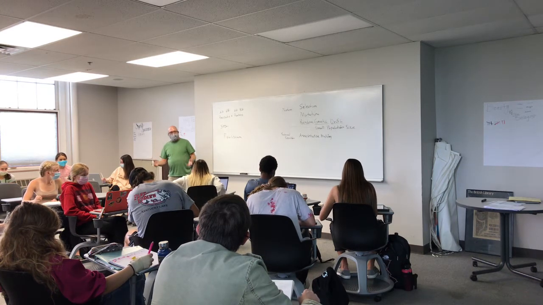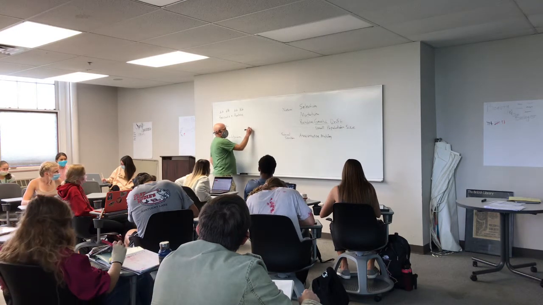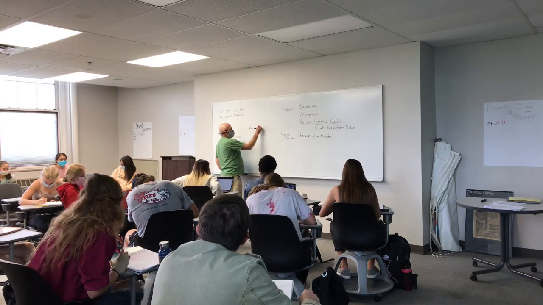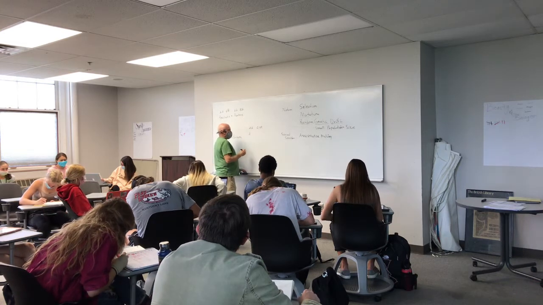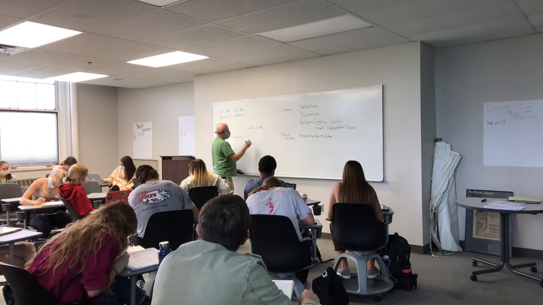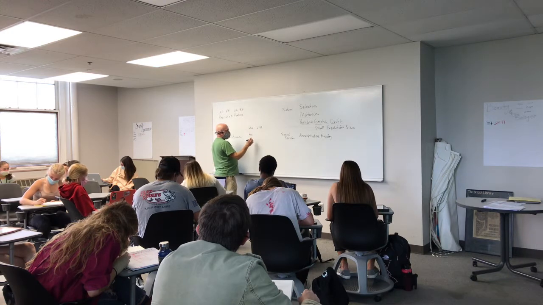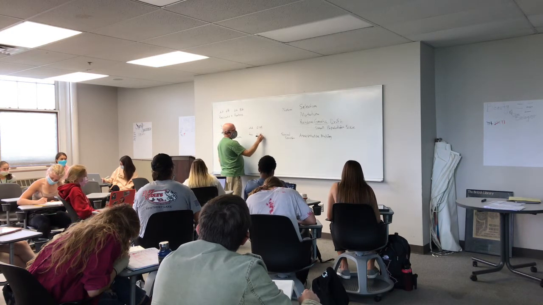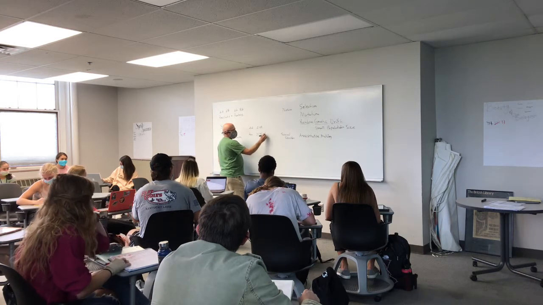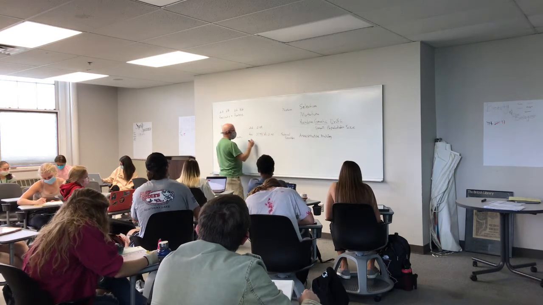And if you have 0.7 and 0.3, then the genotype for big A big A would be 0.49. The heterozygous genotype would be 2 times 0.7 times 0.3, which would be 0.42.